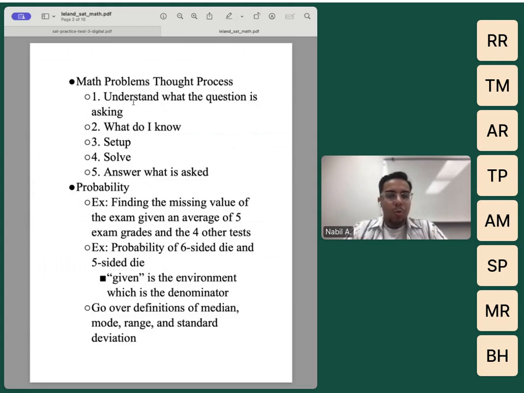Let's start with the first step: try to understand what exactly the question is asking. This is pretty straightforward, but oftentimes this is the one step that I see students, earlier in their prep process, struggle with the most. It's really trying to understand the wording of the SAT questions, and this comes with more practice.